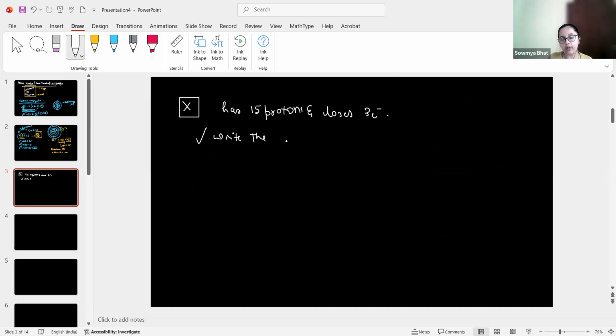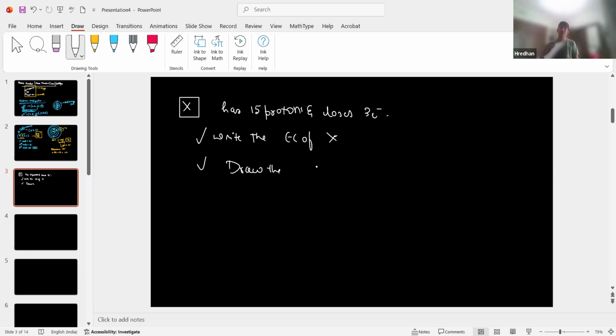Write the electronic configuration of it, draw the shell diagram to represent it, and identify the charge on this.